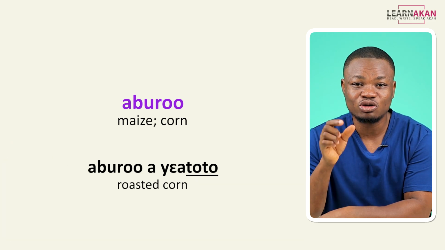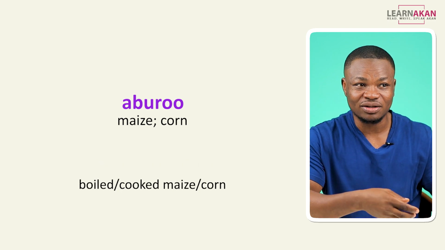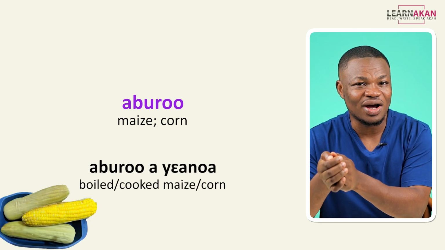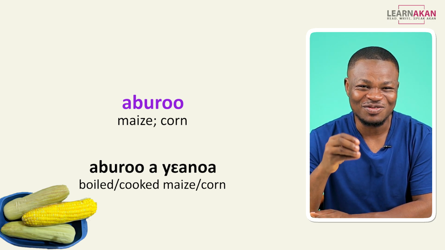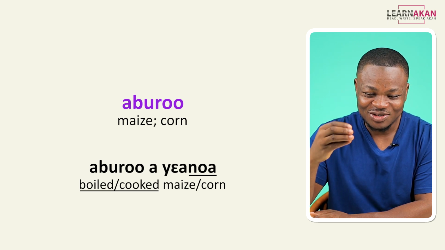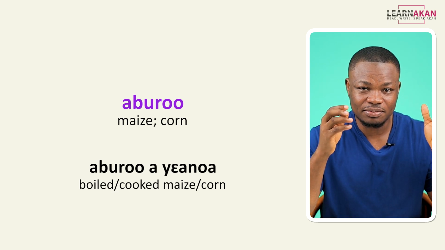So the verb is tutu, and that is to roast. Okay? If it's boiled, so cooked maize, we call that ebra yanwa. You remember the verb noa, to cook, right? So we have ebra yanwa as boiled or cooked maize.